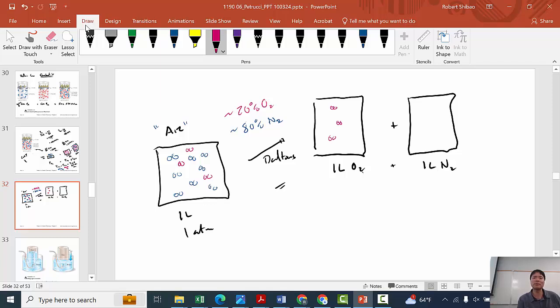How many atmospheres of oxygen will I have? 0.2 atmospheres is correct. The pressure is going to go way down. And the nitrogen is no longer going to be at 1 atmosphere as the mixture was. What's the nitrogen going to be at now? 0.8 atmospheres.